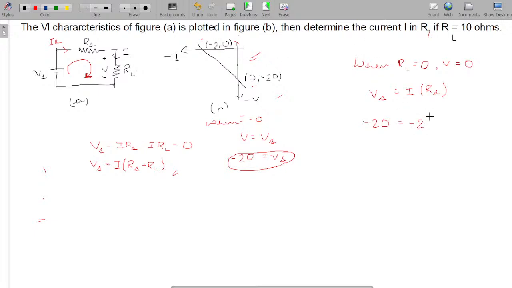So can I say the source resistance comes out to be 10 ohms, right? Initially we were not given Vs and Rs, but we've used the information provided through the graph, and now we know what Vs and Rs are. Now can I redraw this circuit to be something of this sort?